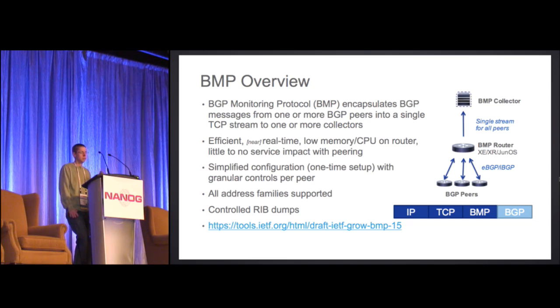You can have several collectors out there, but in general, you typically have one TCP connection established between the router and the collector, and through that persistent TCP connection, you get all of the peer information, which is an encapsulated BGP update or notification or open message in BMP. So you get that information as the router receives it, to the collector. So one stream can handle hundreds of peers.